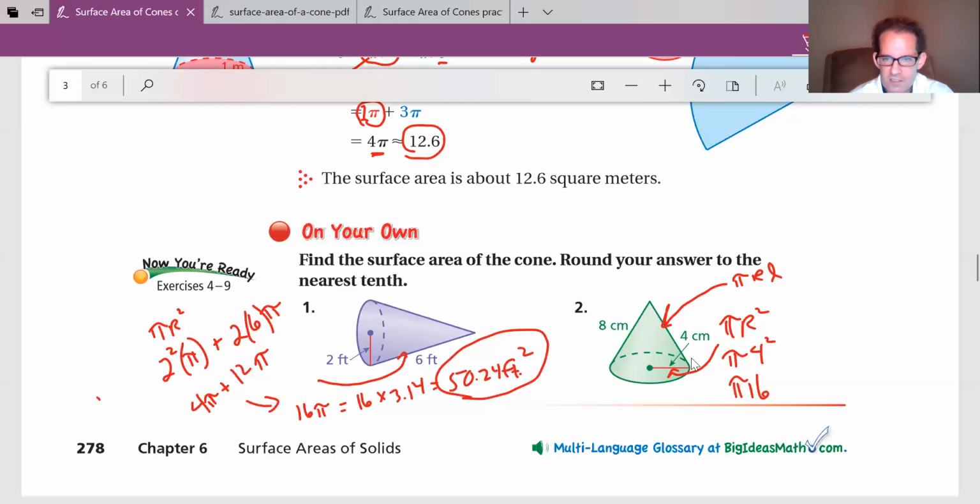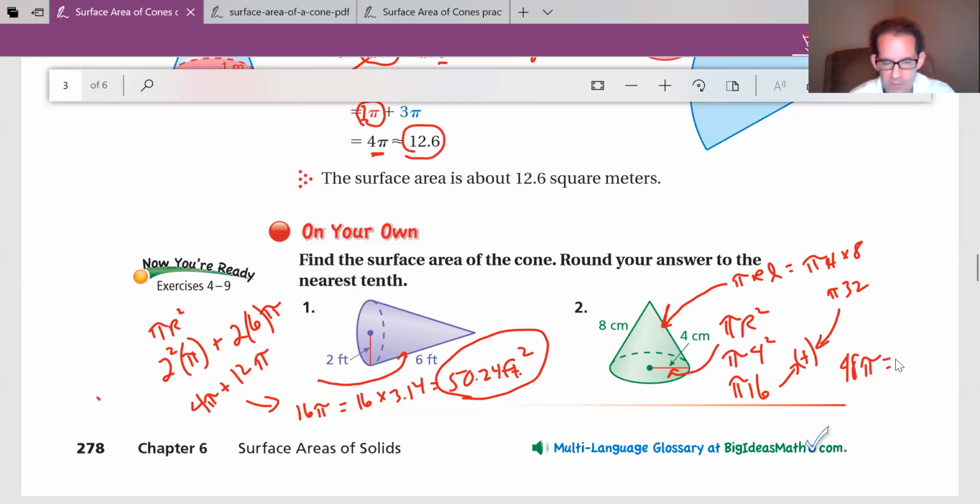So the radius is 4, so this would be pi times 4 times 8. And I know 4 times 8 is 32, so this is pi times 32. These are like terms, so I'm just going to add them. 16 plus 32 is 48 times pi.